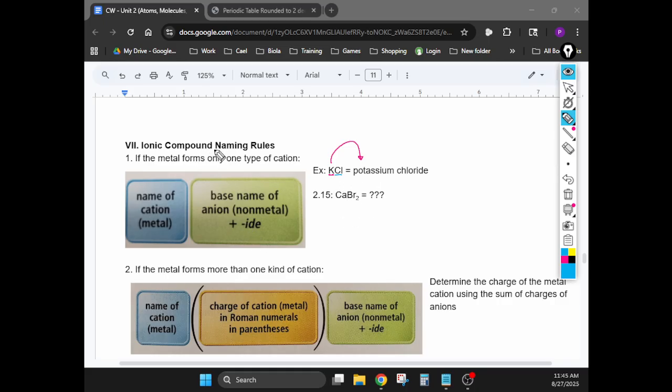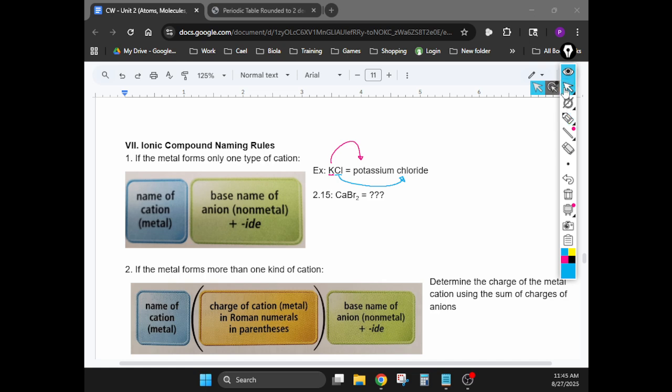But when you name an ionic compound, you change the ending of the anion to -ide. So it goes from chlorine to chloride. That's how you write a basic ionic compound name. You put the cation first, in this case potassium, and then you put the anion behind it, and you just change the ending to -ide.